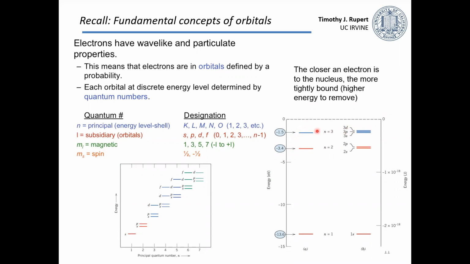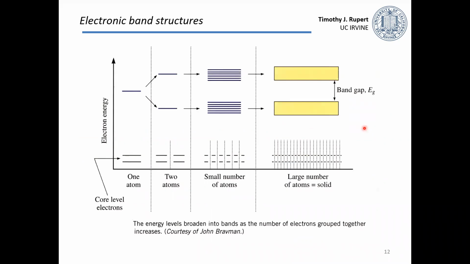If you go to just n equals 3, you'll have one base energy level. And as I add more and more electrons, I can fill slightly different energy levels around that n equals 3 baseline. Right?